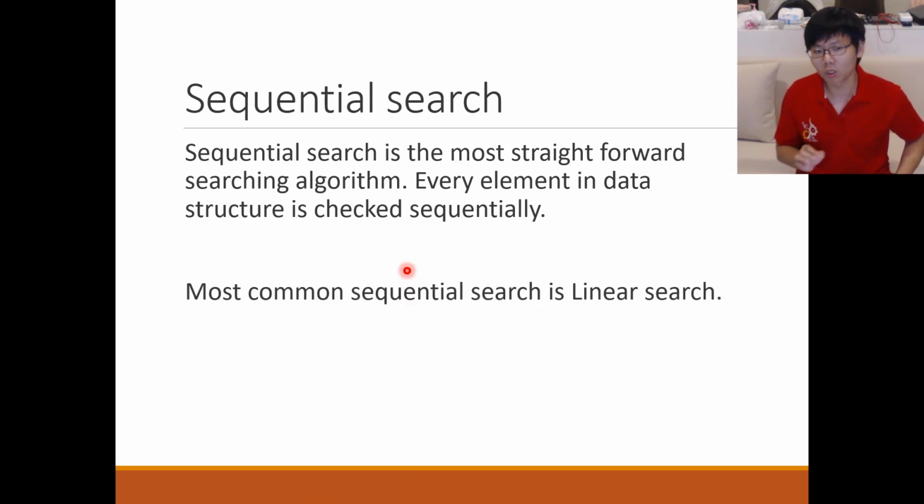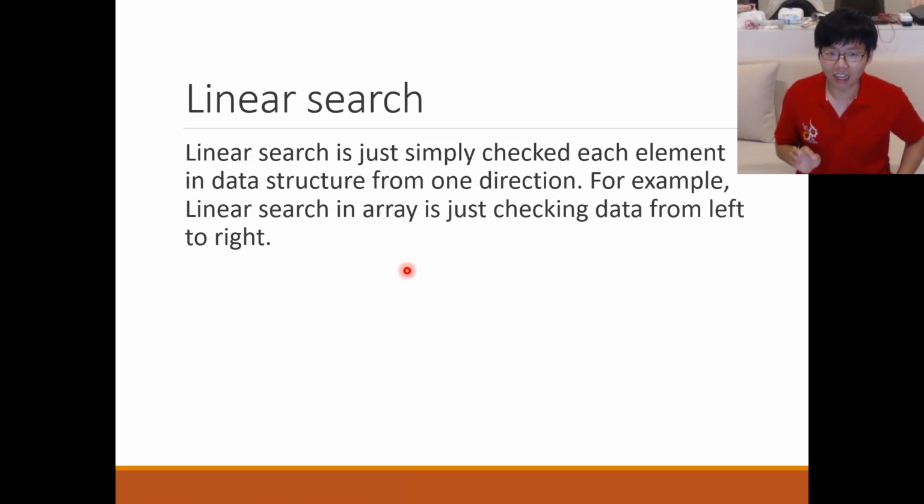The most common sequential search is called linear search. Linear search is simply checking each element in the data structure in one single direction. If you decide to check the array from left to right, it just keeps going from left to right. If you decide from right to left, it's going to be right to left. There is no way around.